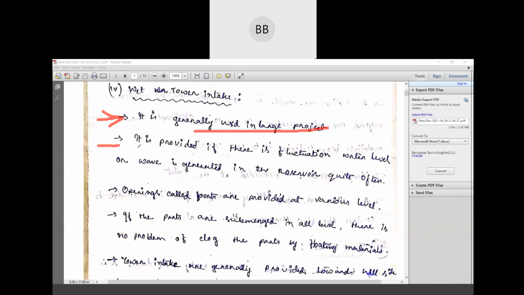Second point: it is provided if there is fluctuation in water level or waves are generated in the reservoir quite often.